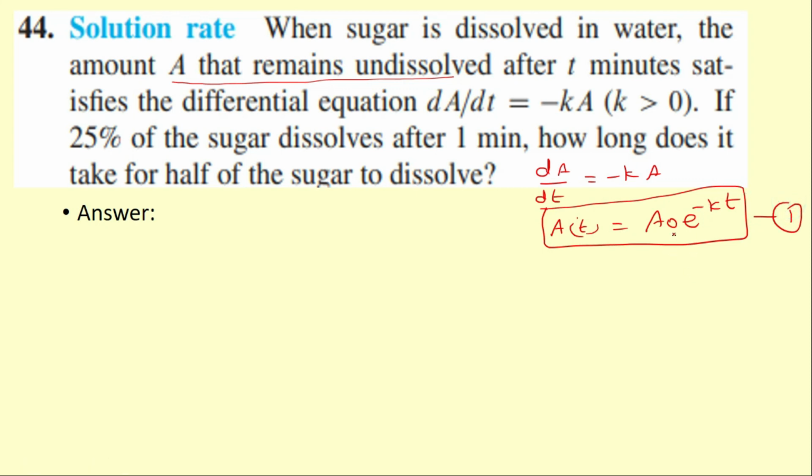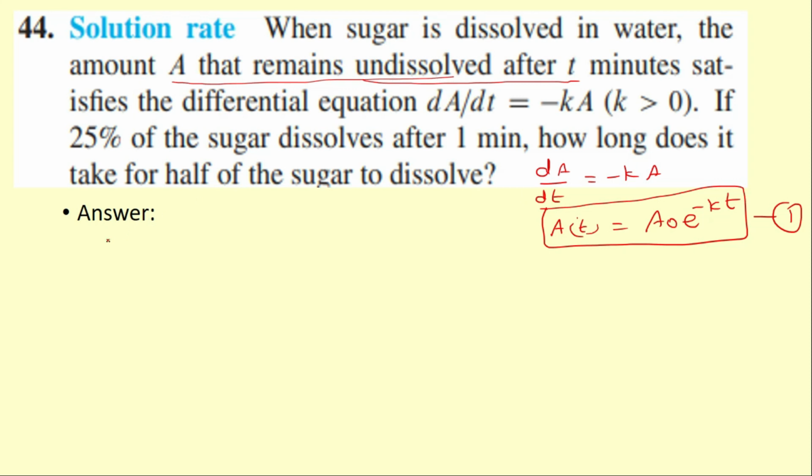And A0 is the initial amount of sugar that remains undissolved at t equals 0, isn't it? A is the sugar that remains undissolved, not dissolved. So how much remains undissolved?